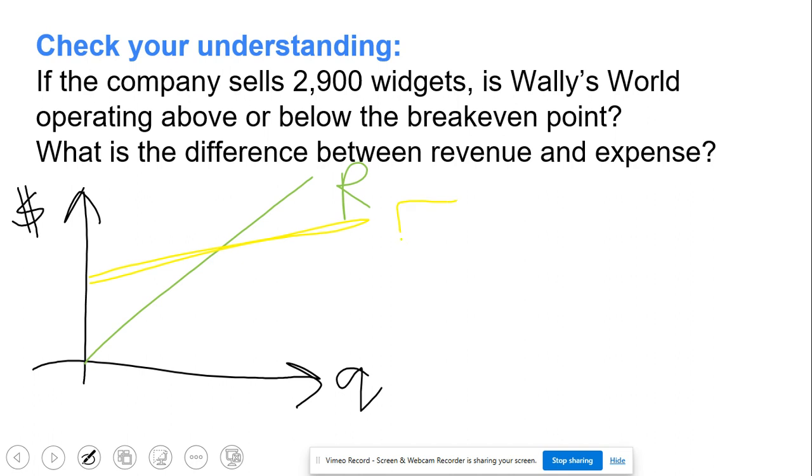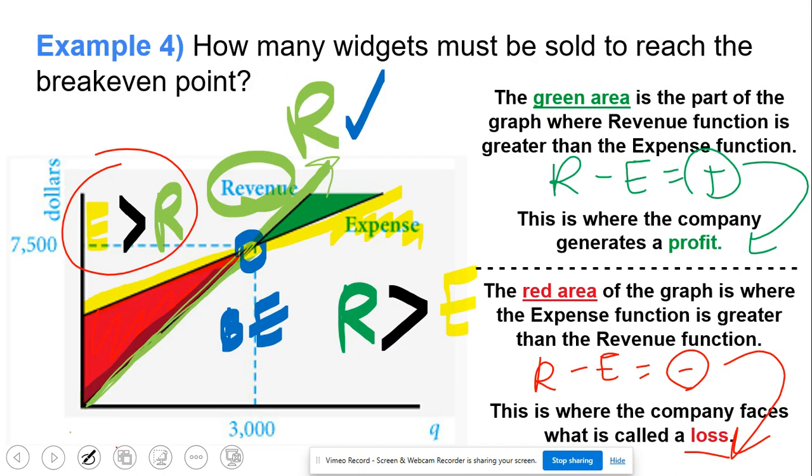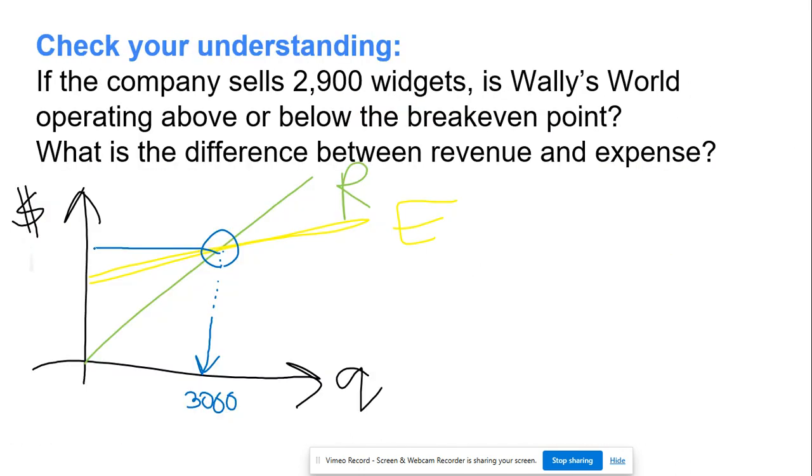That was our revenue, that was our expenses. Our break-even point was where they were equal, and we looked down to figure out what that quantity was, and that was 3,000. And the price ended up being 7,500.